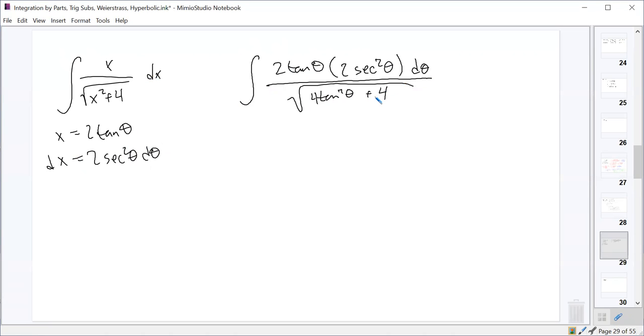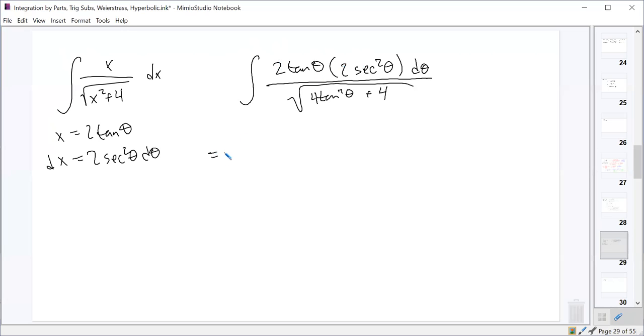Everybody good with that? Okay, we're going to try and do a little bit more of the simplification in our head this time. If we take the 4 out of this square root in the denominator, what does it become when you pull it out of the square root? Should be a 2, exactly.